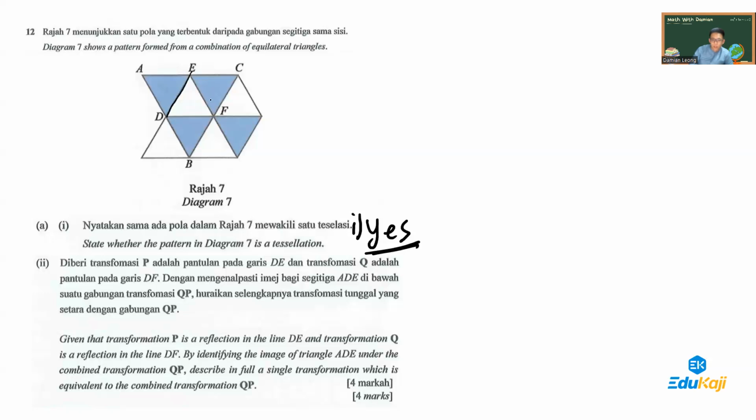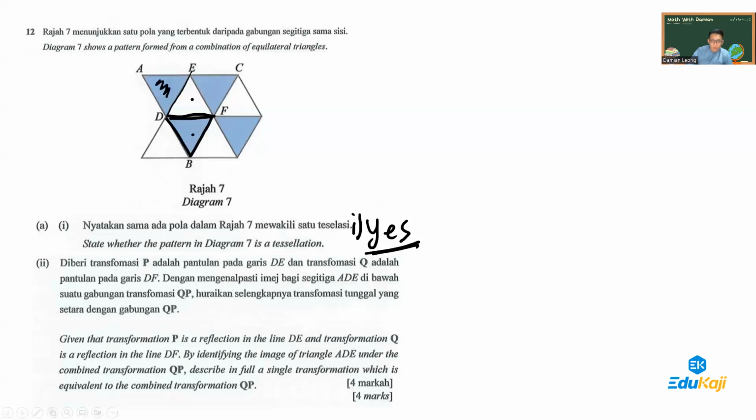Transformation Q is reflection in the line DF, this one. So by identifying the image of triangle ADE, this one, under the combined transformation QP, meaning P and then Q, describe in full a single transformation which is equivalent. So the transformation will be flip here and then flip down, which means it becomes this BDF.